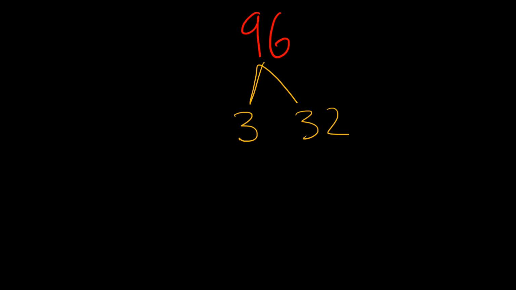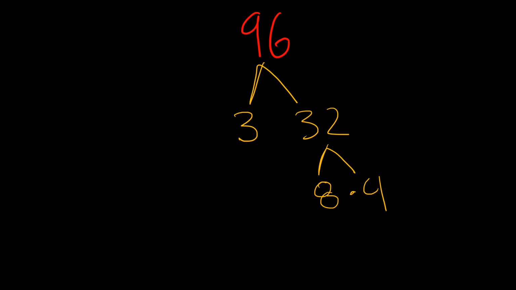Well, 3 is already a prime number, so now I have to look at 32 and see what two things I can multiply together to give me 32. You may be thinking 8 and 4. Okay, cool. 8 times 4 gives me 32.